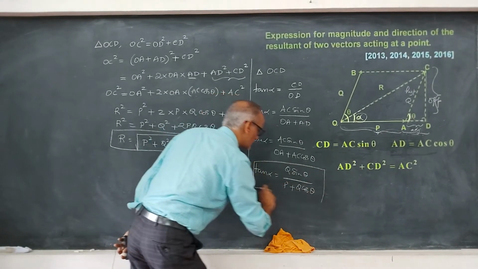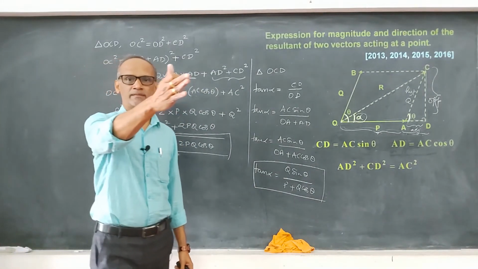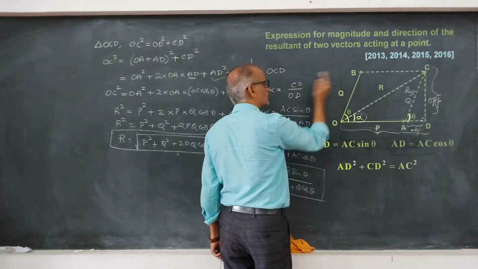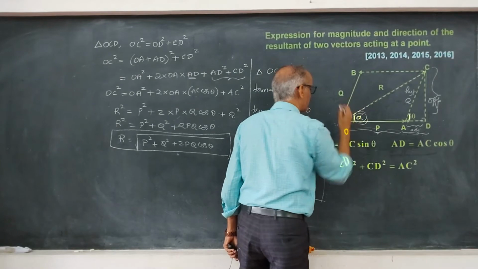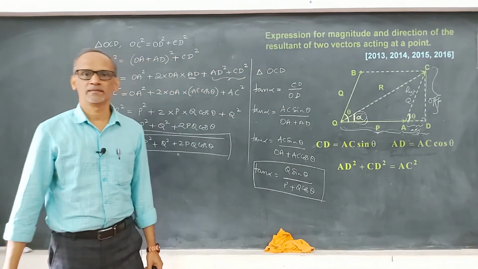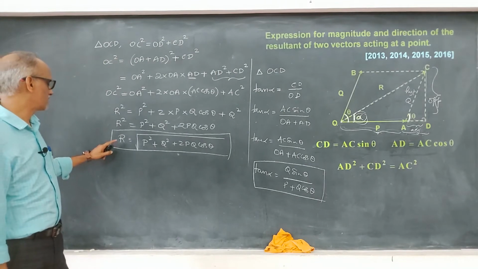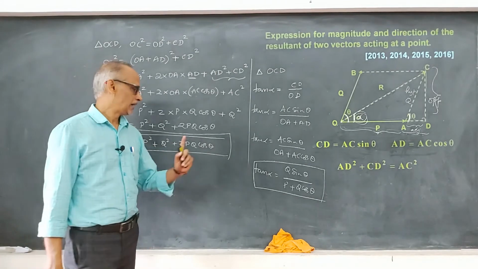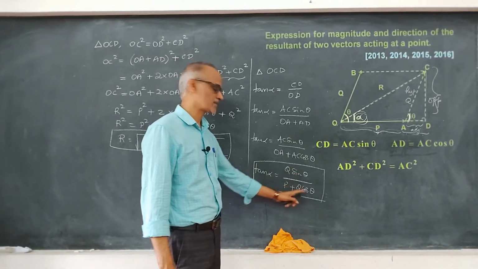So using this you can find the direction of the resultant. Where do we get the resultant? Whether the resultant will be closer to P or closer to Q, where exactly that R is located. To find that, we have to find the angle alpha. So which are the two formulas? One is the magnitude of the resultant, given by R is equal to root of P square plus Q square plus 2PQ cos theta, and the direction of the resultant is given by tan alpha is equal to Q sin theta by P plus Q cos theta.